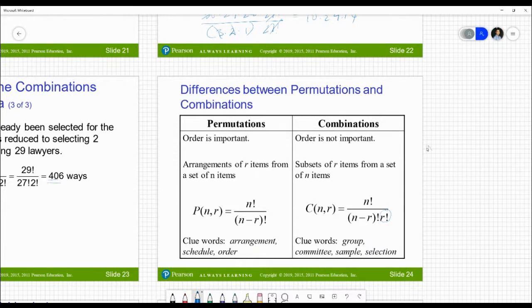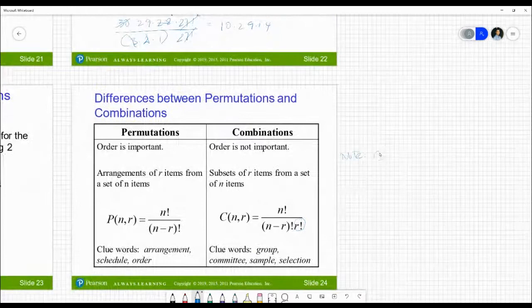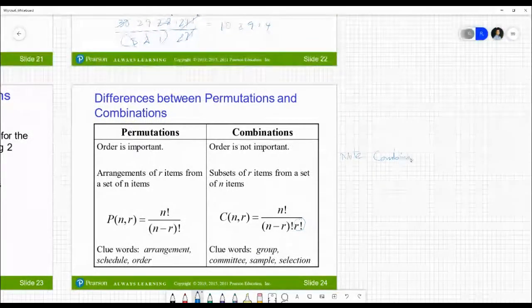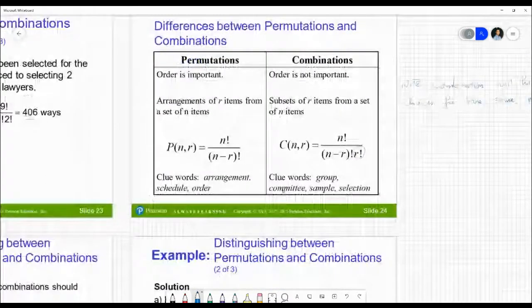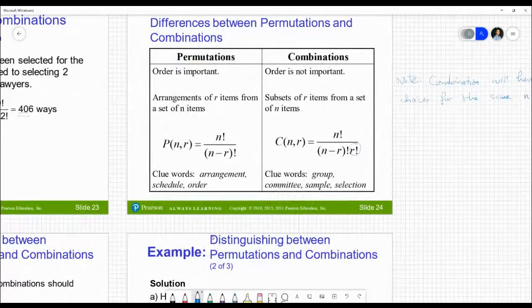Okay, so note: combination will have fewer choices for the same n and r. To put it in other words, permutation, they're all independent events, while combination is dependent, right?